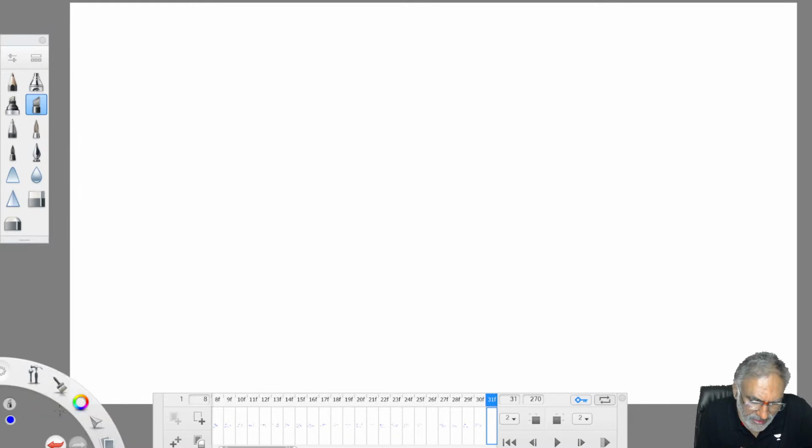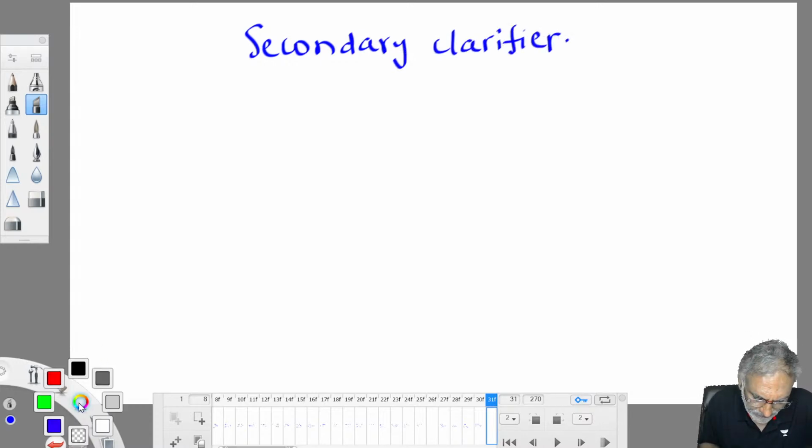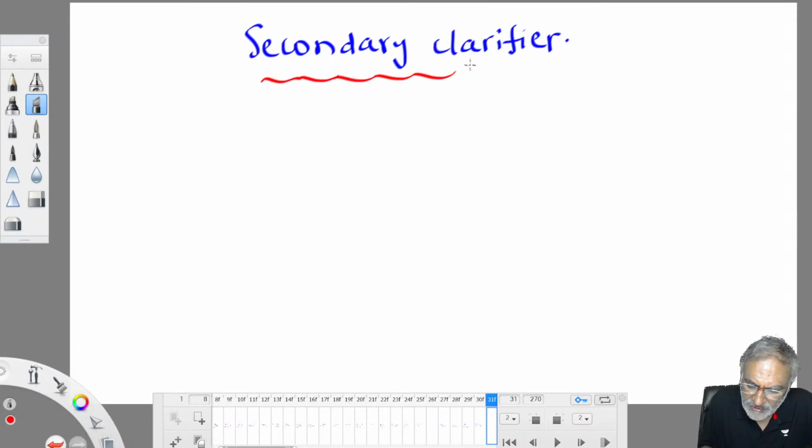And one more thing: whether you employ the activated sludge process or trickling filters, the common thing in both is the secondary clarifier. Secondary clarifier is common in both.